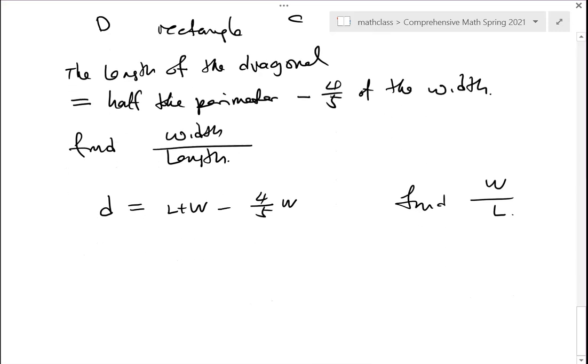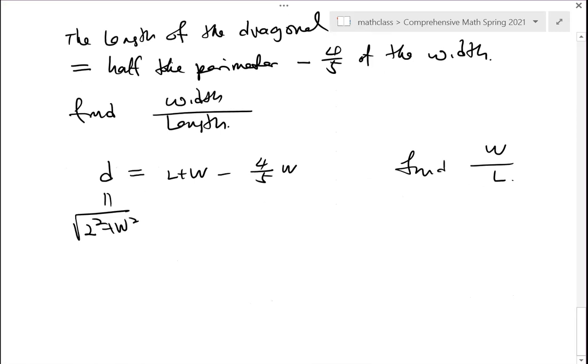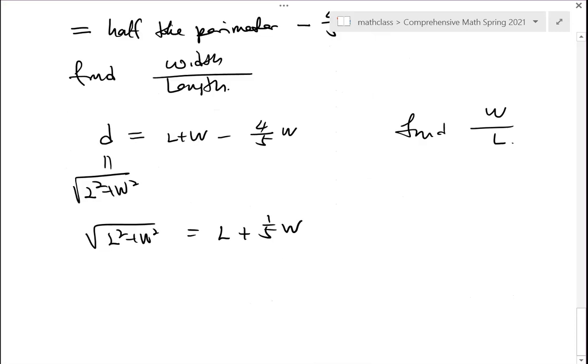The relationship between D and the length and width by the Pythagorean theorem is the square root of L squared plus W squared. That's all you need. So now you have the square root of L squared plus W squared equals L plus 1/5 W. Then you square both sides.